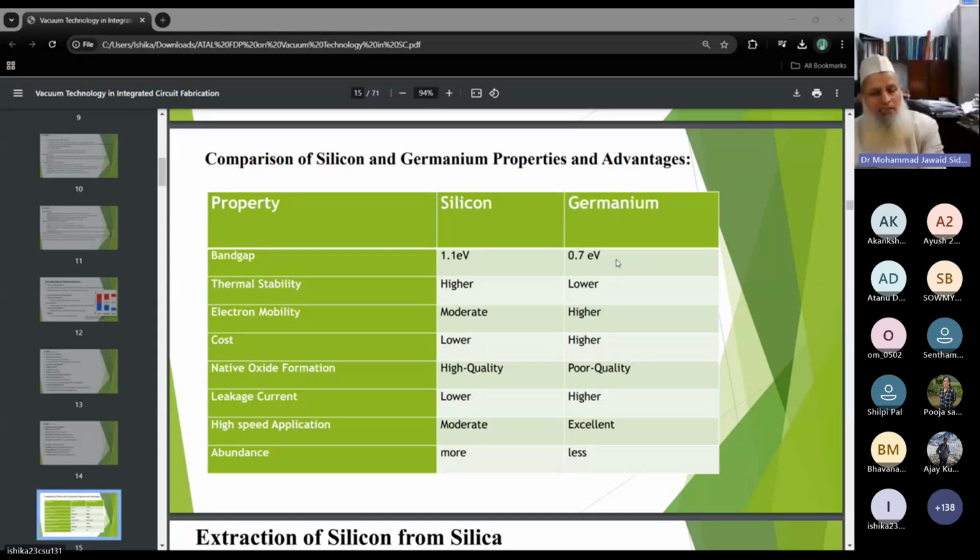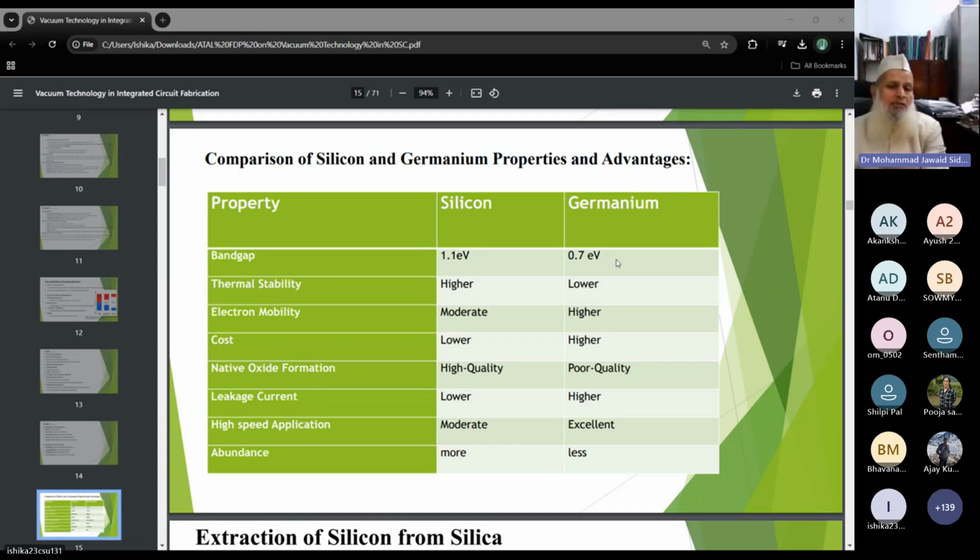Electron mobility in germanium is high. That is why still in some special devices germanium is used. You know that mobility is directly related to transconductance, and transconductance is directly related to voltage gain. In applications, we generally need high voltage gain, which we can obtain with high mobility, but other parameters are also important.